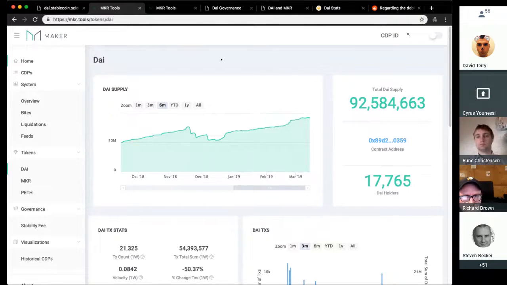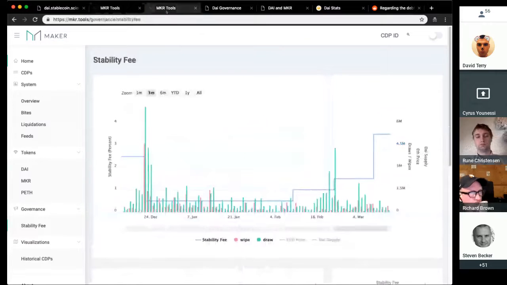We've also seen a small uptick in CDP wipes. That is represented by the pink bars here. You can see in the few days leading up to the executive vote, and in the couple days leading up to today's call, maybe a small uptick in people wiping down their CDPs.